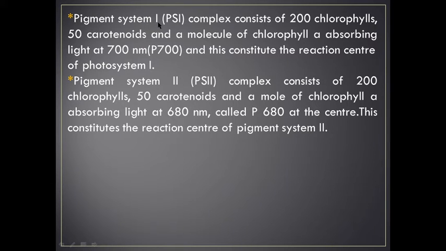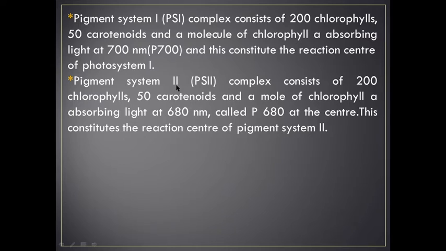Pigment system first complex consists of 200 chlorophylls, 50 carotenoids, and a molecule of chlorophyll A absorbing light at 700 nanometer, and this constitutes the reaction center of photosystem first.